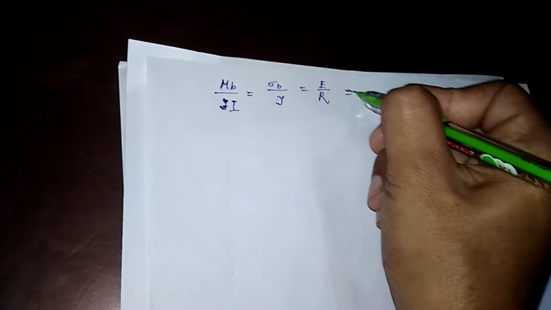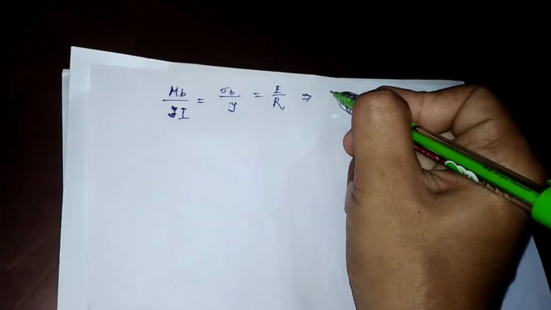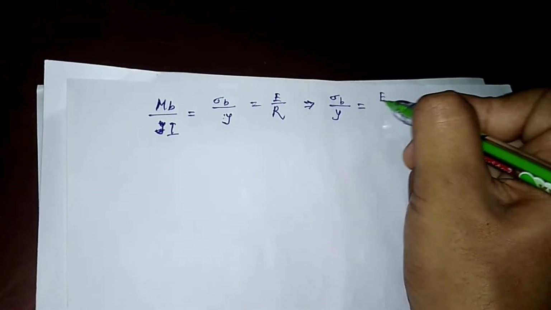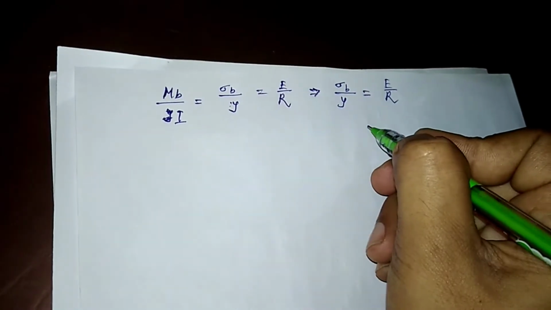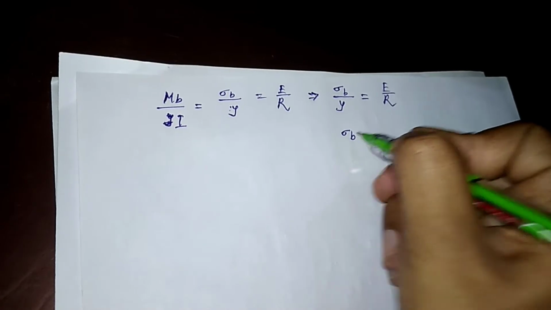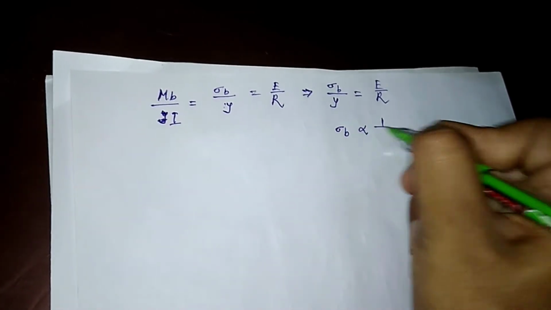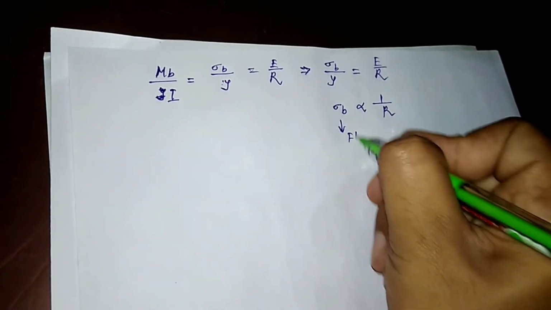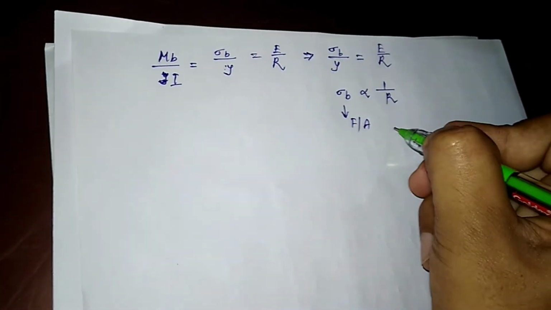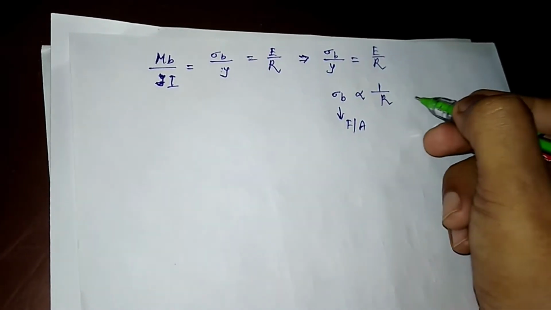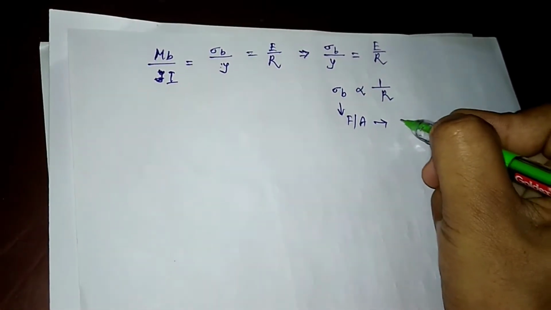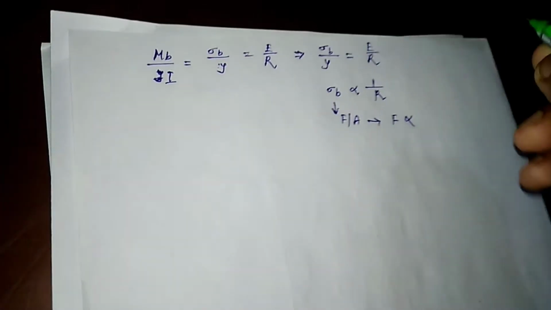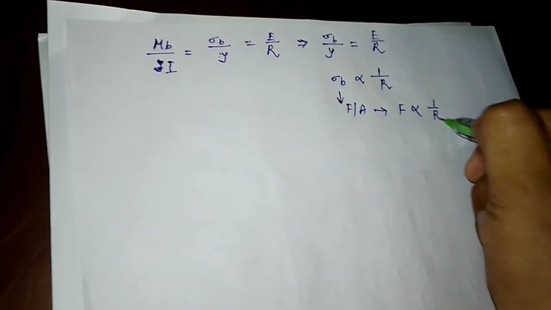So if we talk of this portion of the equation, sigma b upon y is equal to E upon R. So you can say sigma b is proportional to 1 upon R, and sigma b is the force per unit area. So force will also be inversely proportional to R. So from here we can say F is also proportional to 1 upon R.